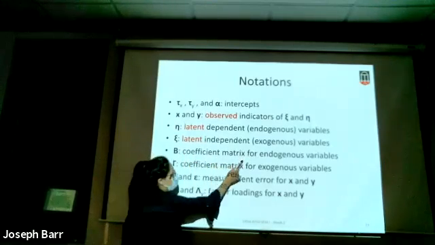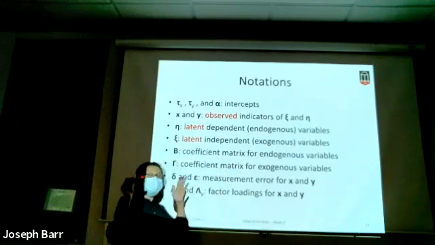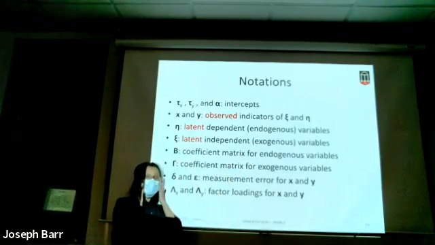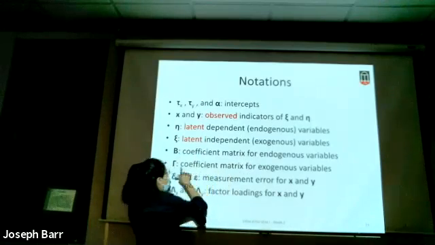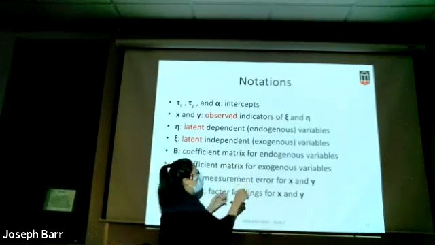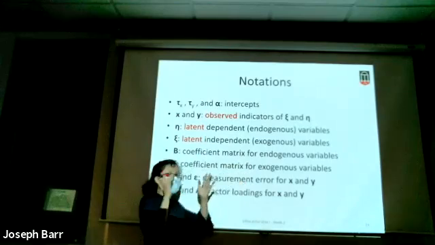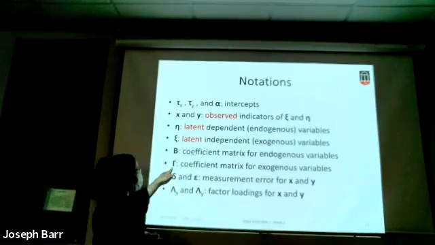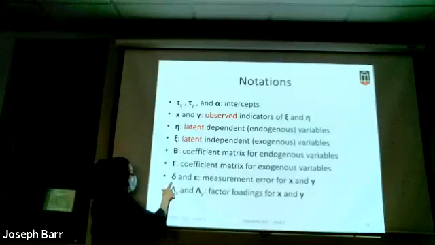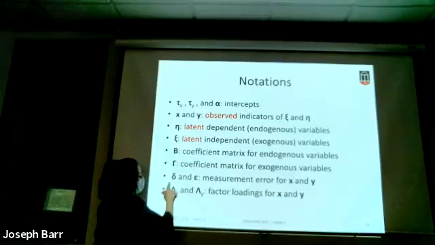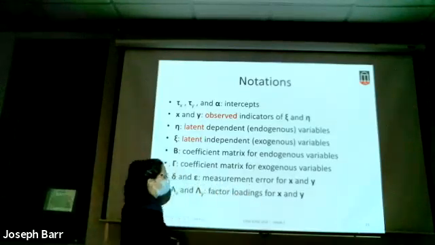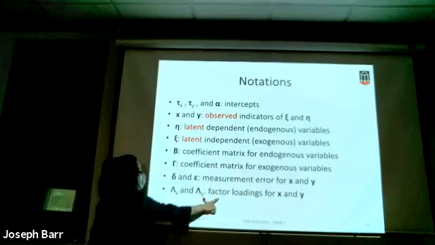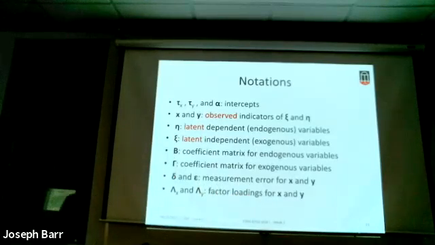This is the coefficient for endogenous variables from eta to eta, both of which are endogenous variables. Gamma is a coefficient matrix for exogenous variables from C to eta. What's the relationship from C to eta described in this gamma? And we have the residuals, delta and epsilon, these are measurement errors for x and y. Factor loadings for x and y.